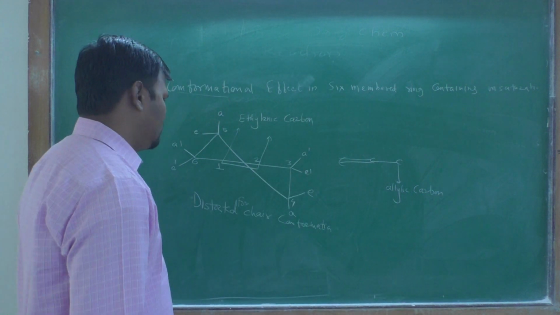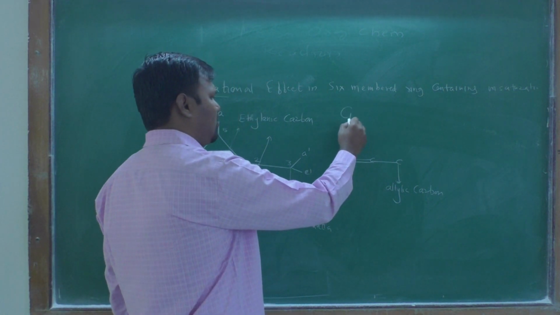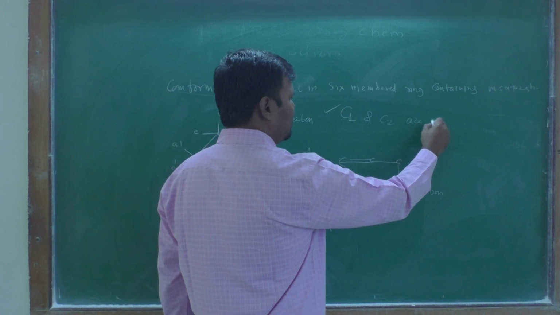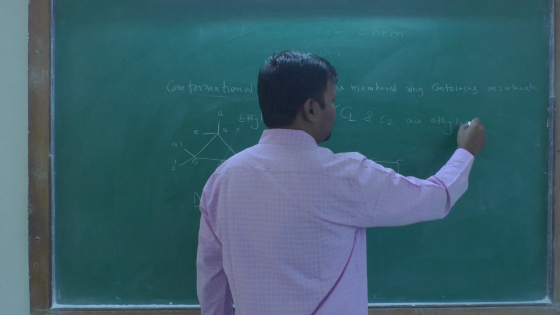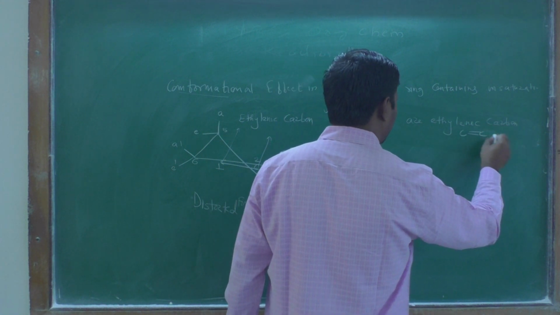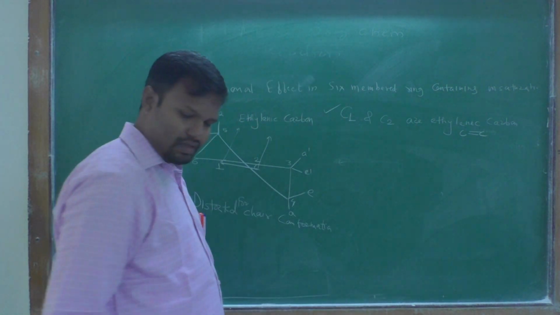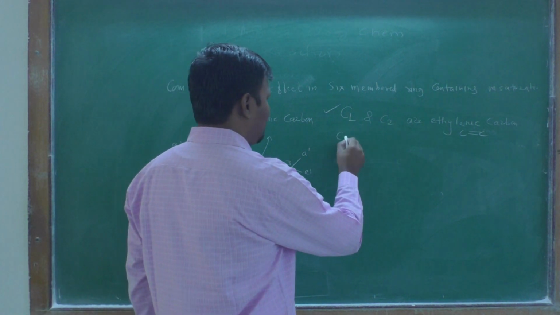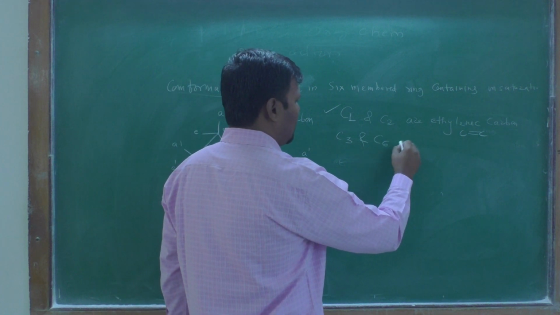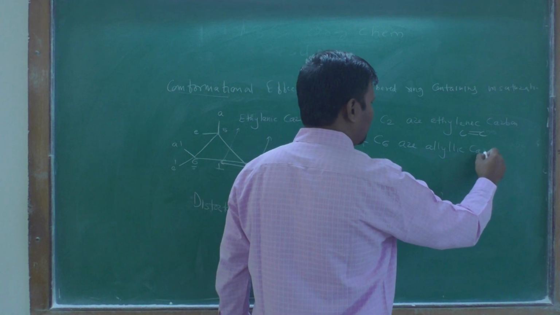Therefore, first we observe that C1 and C2 are ethylenic carbons, meaning C double bond C, and C3 and C6 are allylic carbons.